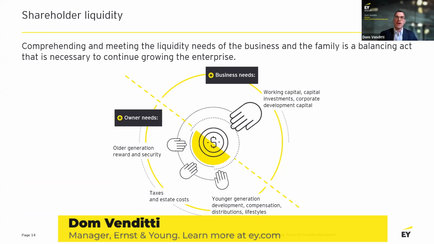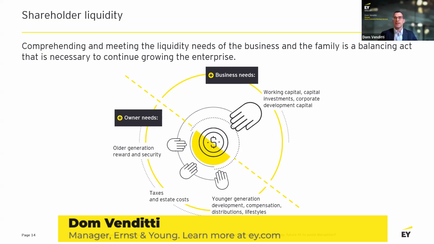On the flip side are the owner needs. When we think about the different generations, we have older generations that may be seeking reward and security or increasing needs for redemptions as they think about transitioning ownership. On the younger side, we have the younger generation, their development, potentially education, lifestyle, housing needs, those types of items.